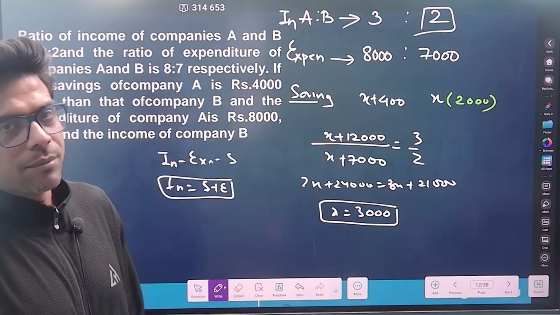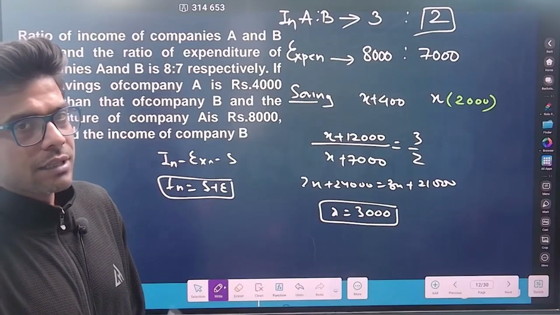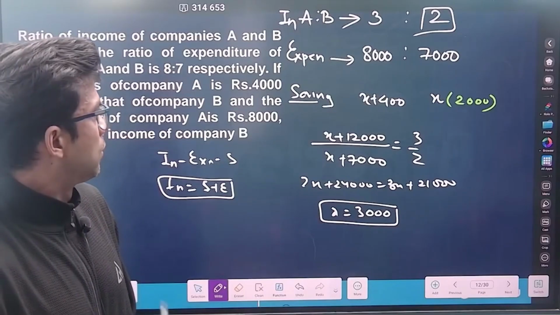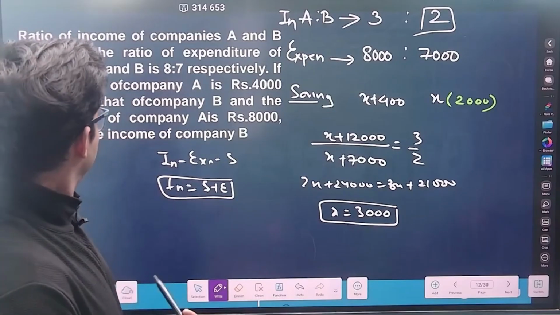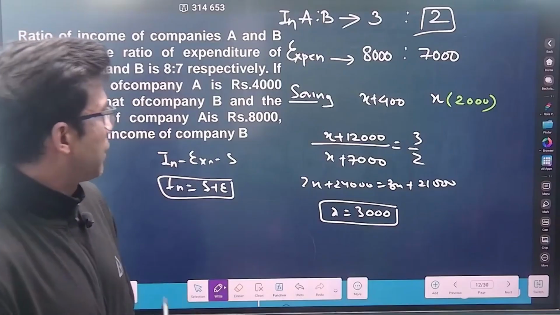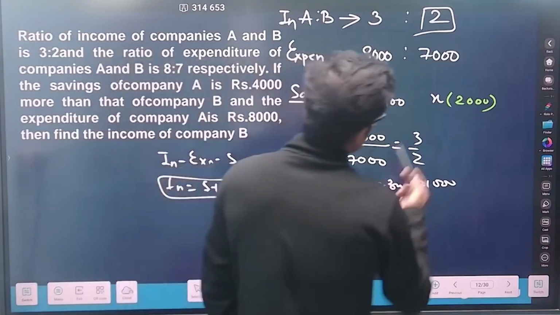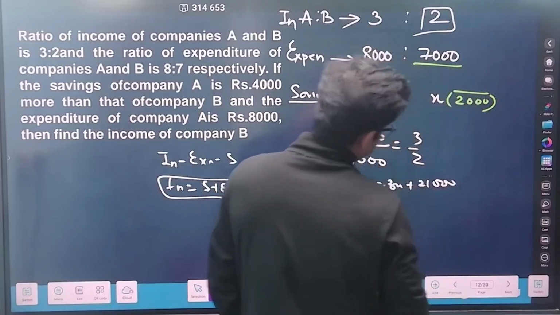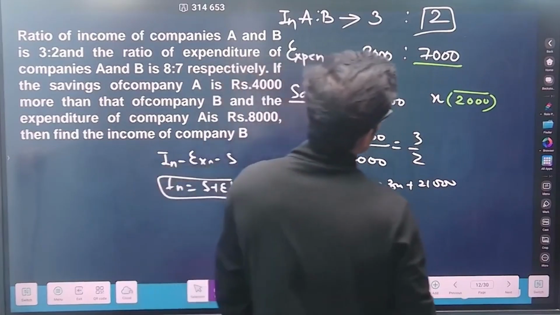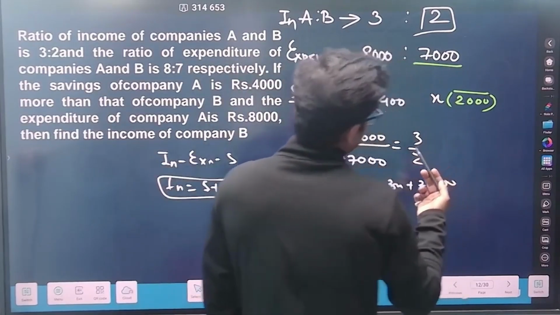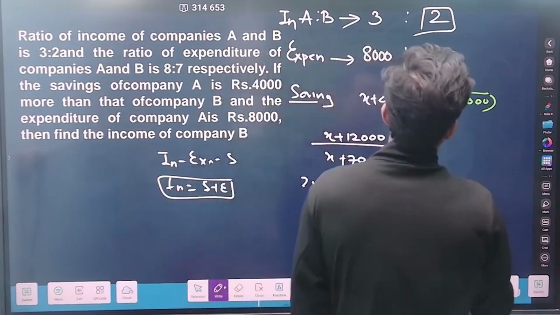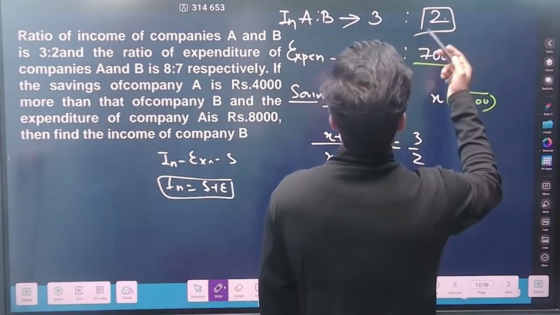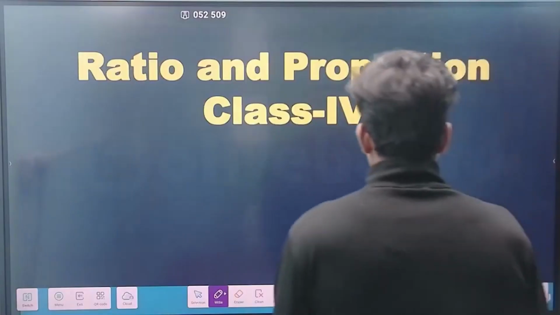I hope you are getting my point. x value is 3,000. So they are asking to find the income of company B: 7,000 plus 2,000, 9,000. Correct. But again, 9,000 is in your terms, but this is in terms of 2. So you can write down about the coins.